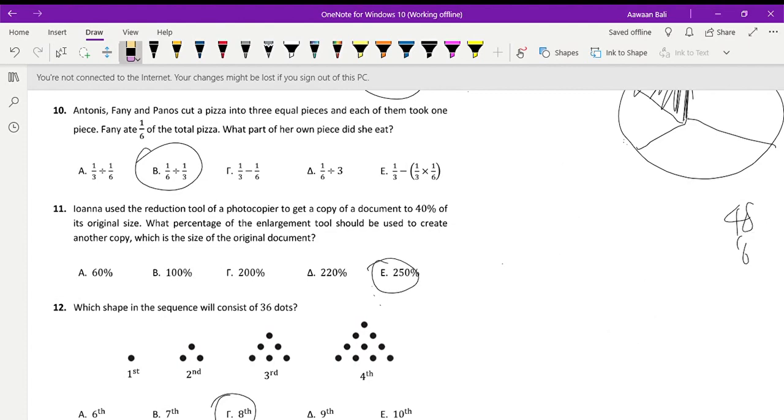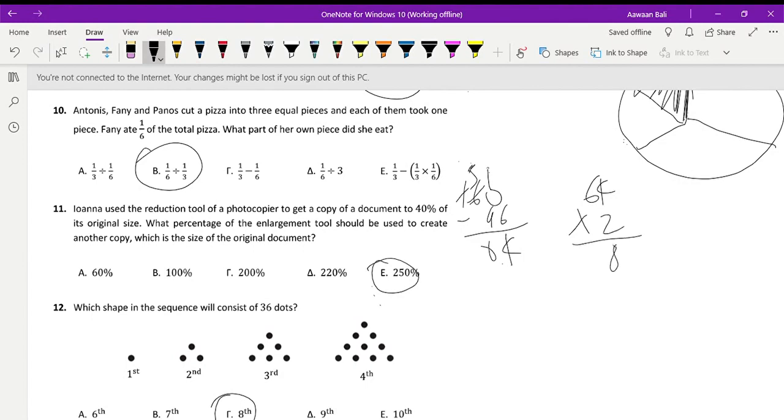Sorry, it says it's 40% of its original size, which means you minus by 60 though. So it's 64. Now basically we have to find how we get back to 160 from here. So let's do 128, and half of 64 is 32. So 128 plus 32 is 160. So we go back to the whole, and the answer is 250%.